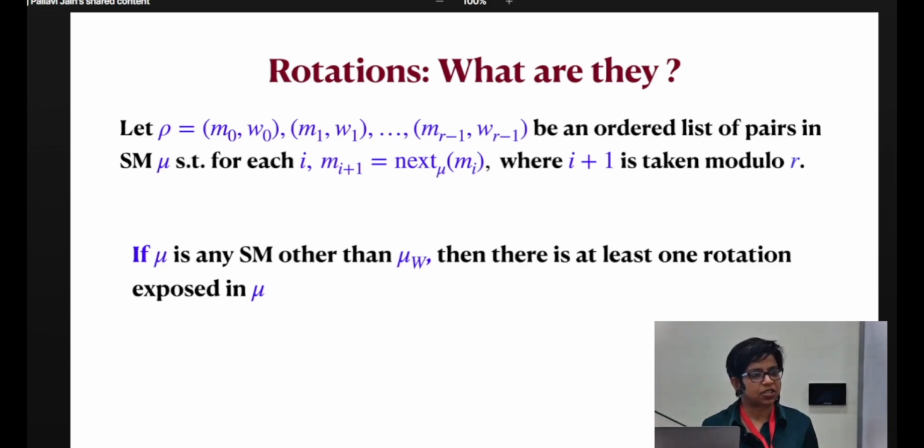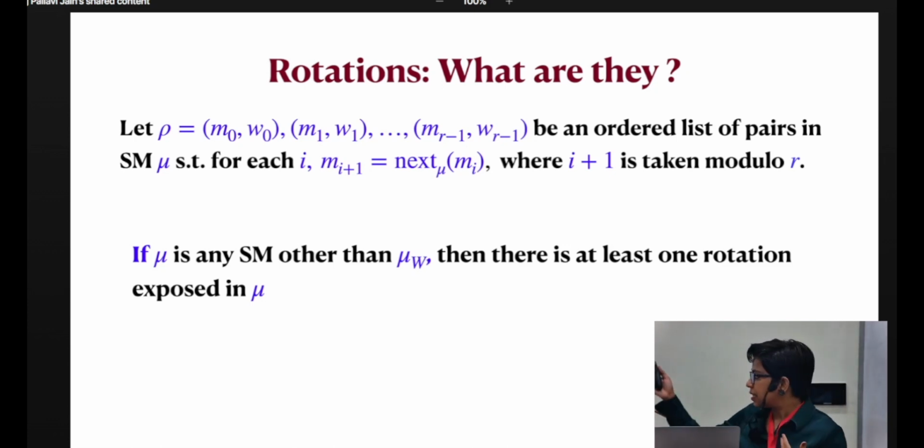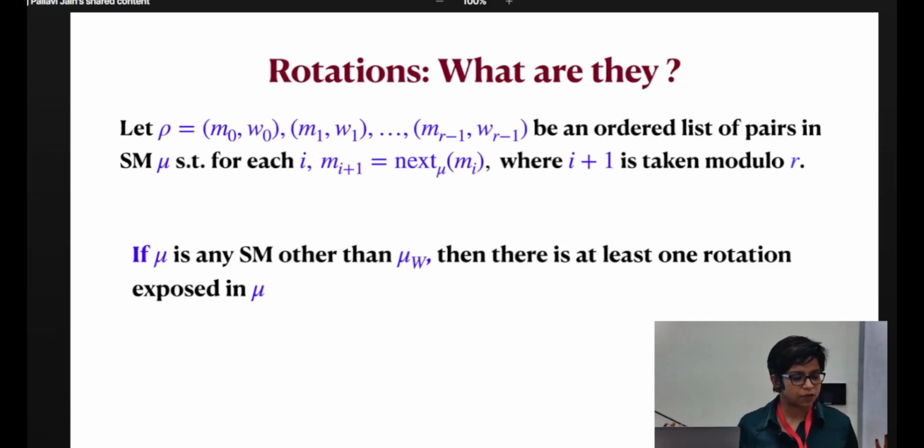That means if I look at the set of matched pairs in the man optimal matching, there will be a subset of pairs which satisfy this cyclic property. When this happens, we say that this rotation is exposed in this matching.